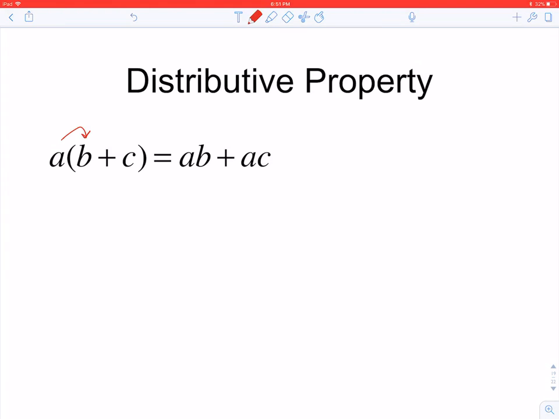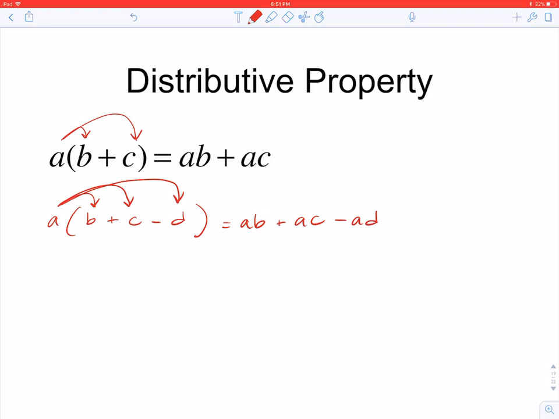So I go A times B plus A times C. It can also be A times the quantity B plus C minus D. You just distribute to each term. So A times B, plus A times C, and then paying attention to the sign, minus A times D.